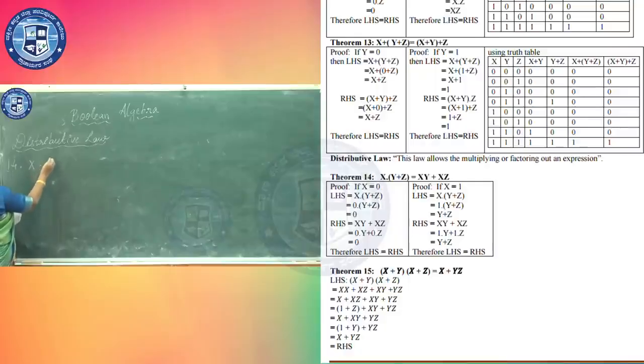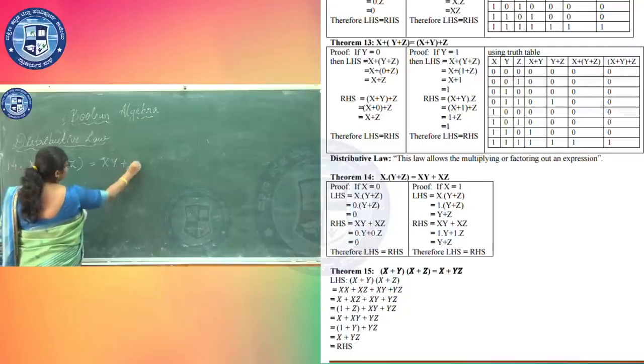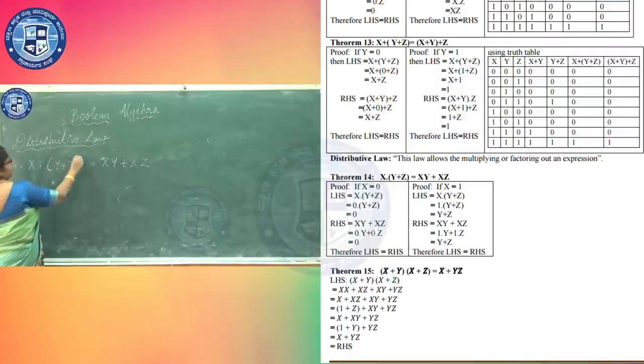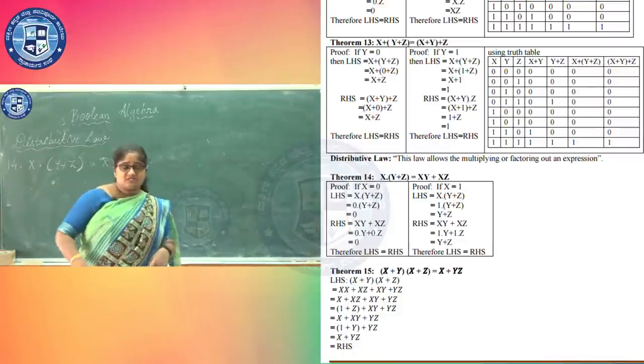X and y plus z is equal to xy plus xz. This we have already learnt in algebraic calculations, that if any variable is put outside the bracket, it can be multiplied, x into y plus x into z. We know that it is a theorem and it is there for our algebraic equations also.